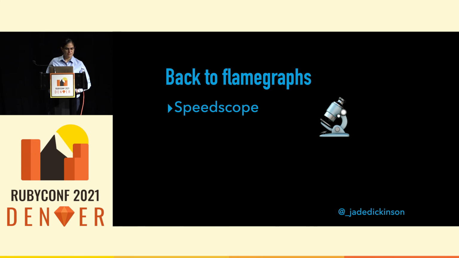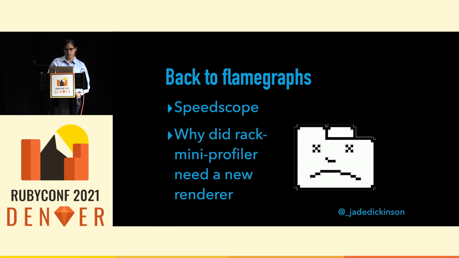More performant? That seems weird. Like, the flame graphs we looked at earlier loaded pretty quickly, right? So why did Rack Mini Profiler need a new renderer? Right. For slow pages, for example, I ran a profile for a page that took 10 seconds to load. I did this before the new renderer was introduced, and the browser tab would crash quite a lot.